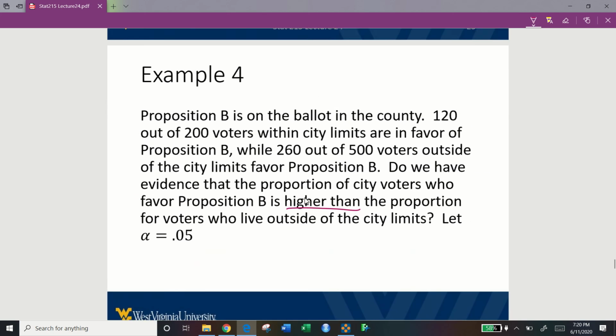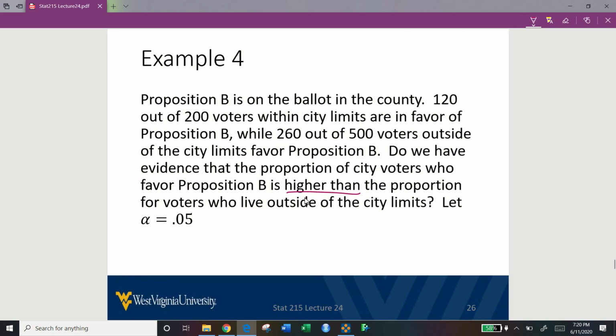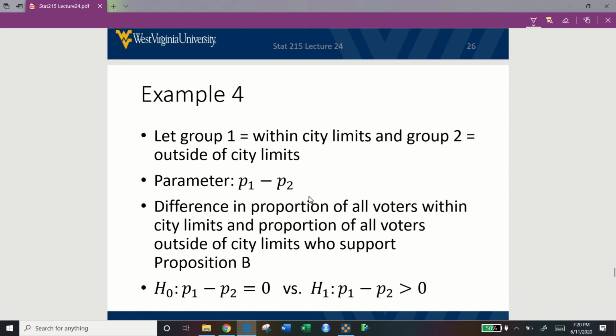If we scroll back into our original problem, remember we are asked, do we have evidence that the proportion of city voters who favor Proposition B is higher than the proportion of voters who live outside of the city limits?